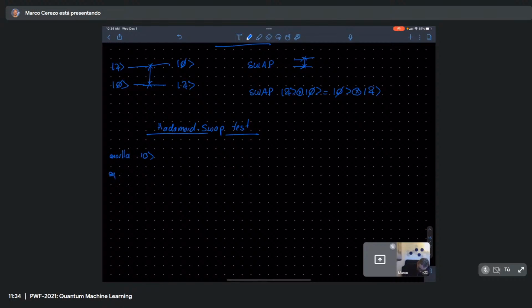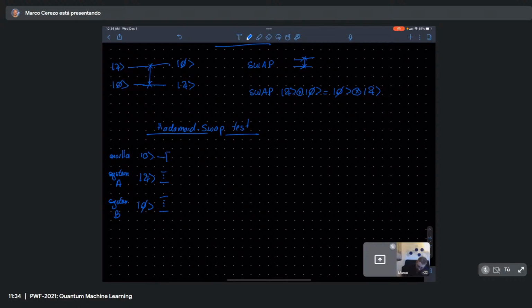Then I have system A that I'm going to initialize in psi, right? This is going to be an n-qubit system. So I'm going to use the similar notation of I have multiple lines. And then I have system B, phi, that is also an n-qubit system, right?